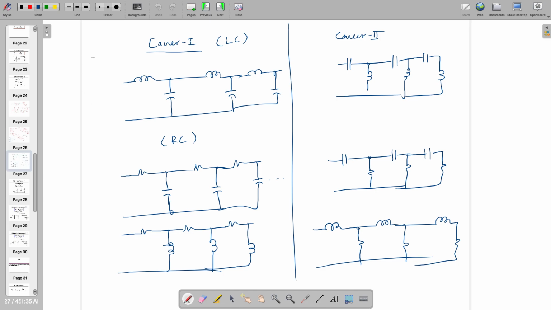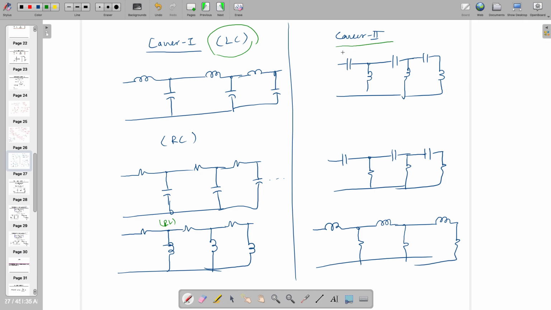If you have been asked to find out the Foster 1, then it's a series combination. Foster 2, it's a parallel combination. However, if it is coil 1 and coil 2 for an LC circuit, it will look like this one, LC LC. If it is RC, then it's RC RC. If it is an RL circuit, it starts with RL RL.